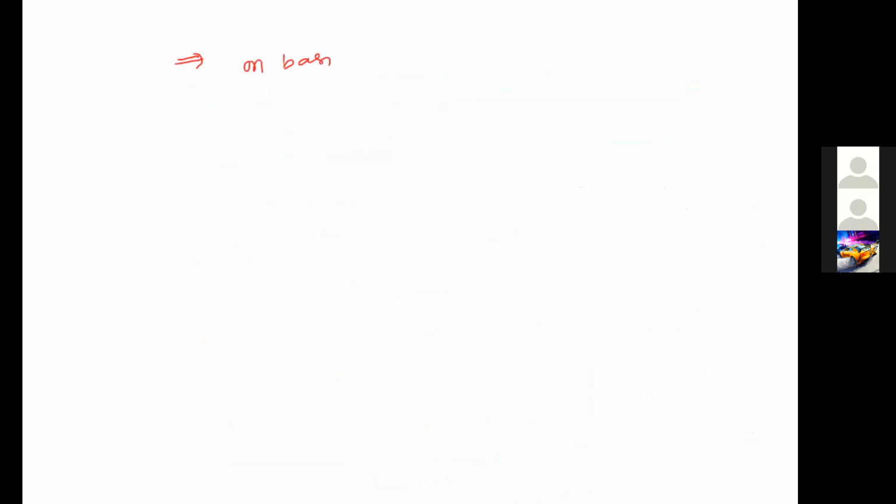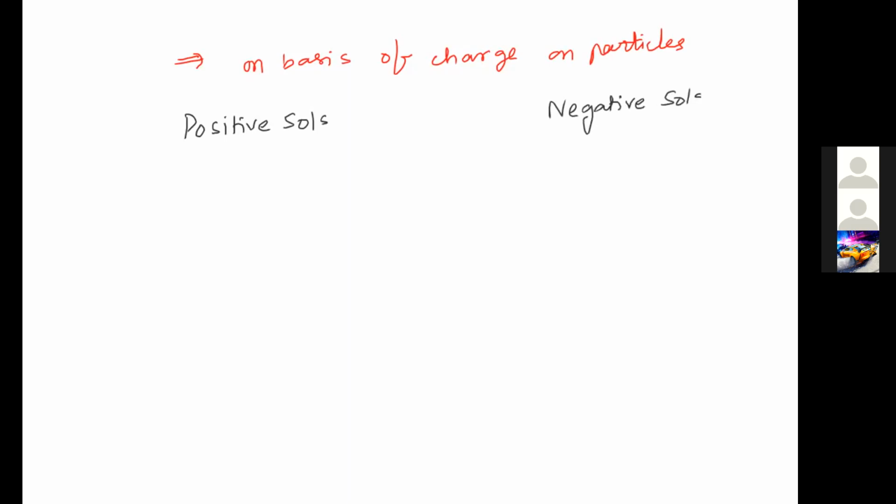The fifth one, on the basis of charge on particles. First, positive salts, negative salts. Under positive salts, it is metal oxide and hydroxide.